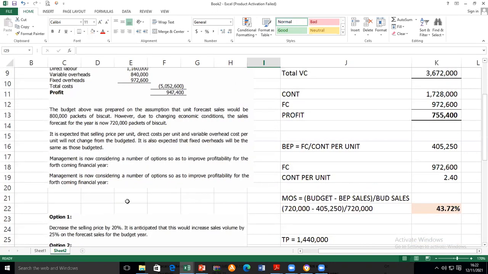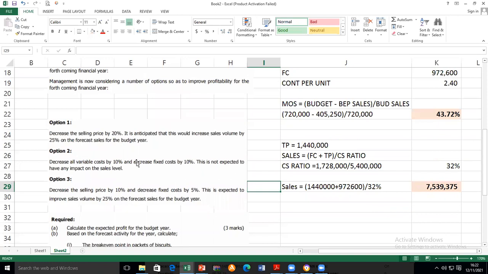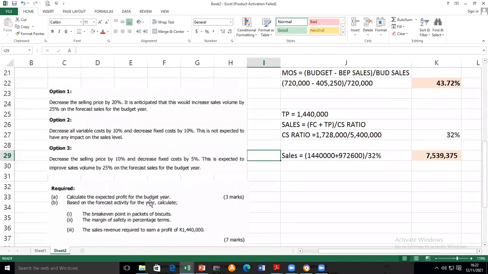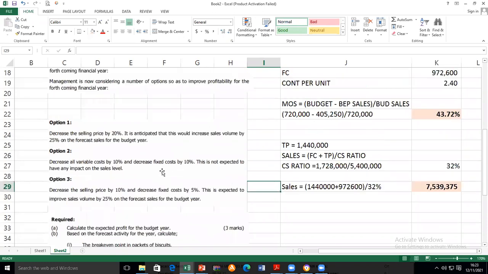Okay, let's conclude now by implementing this. Calculate for each of the three options above, the profit and break-even point. Option 1: decrease selling price by 20%. It is anticipated that this would increase sales volume by 25%.